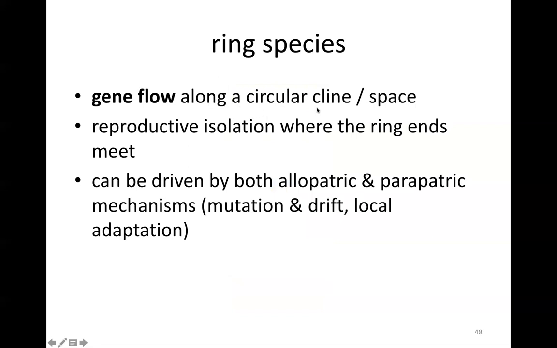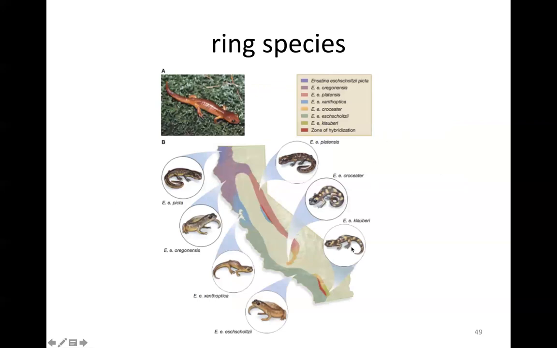You need some kind of circular space for this to emerge. It can be driven by both allopatric and parapatric mechanisms. And here's one example.